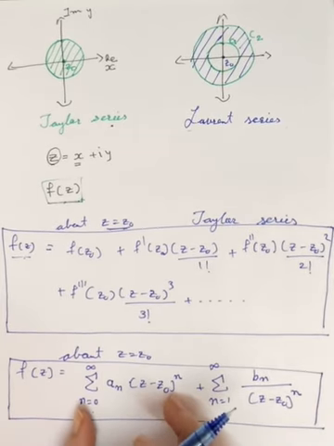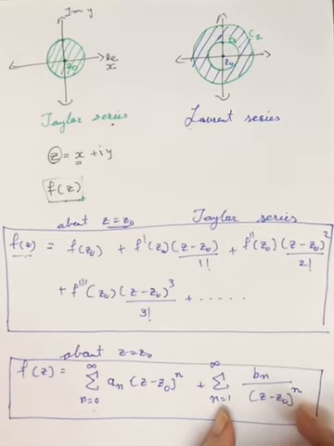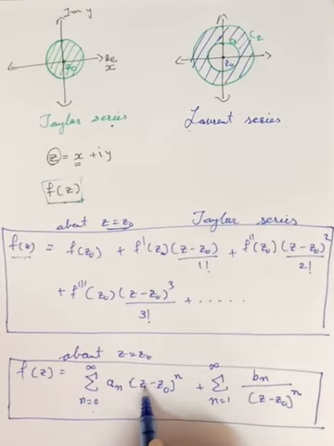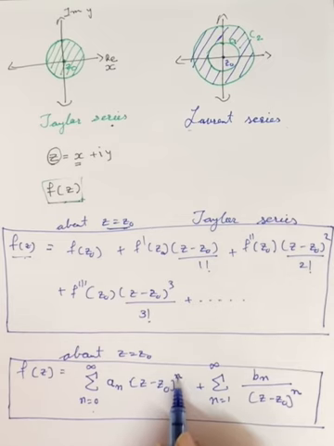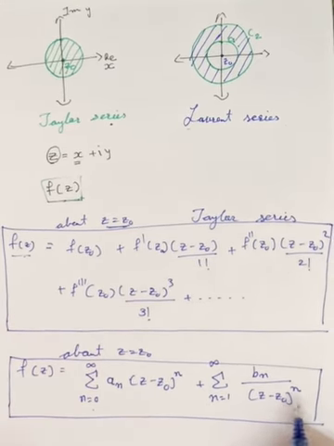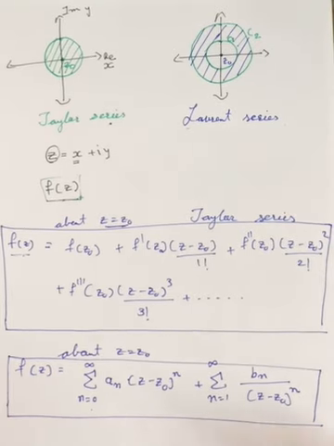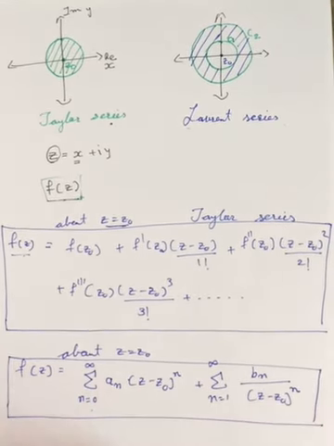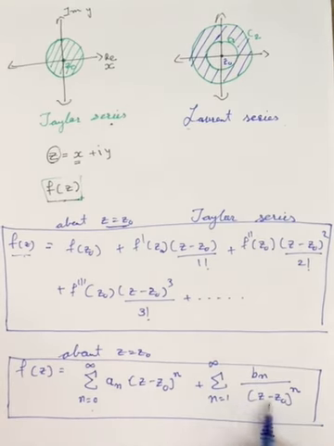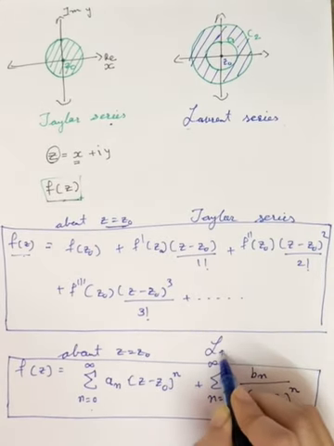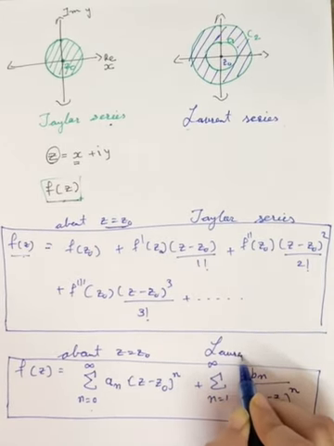This is a whole series itself and this is also a series, but in the Laurent series we have one series which has the z powers in the numerator and then we have z powers in the denominator. We will look into this when we solve the problem on Laurent series, but I have highlighted it so you can see the difference between the Laurent and Taylor series already.